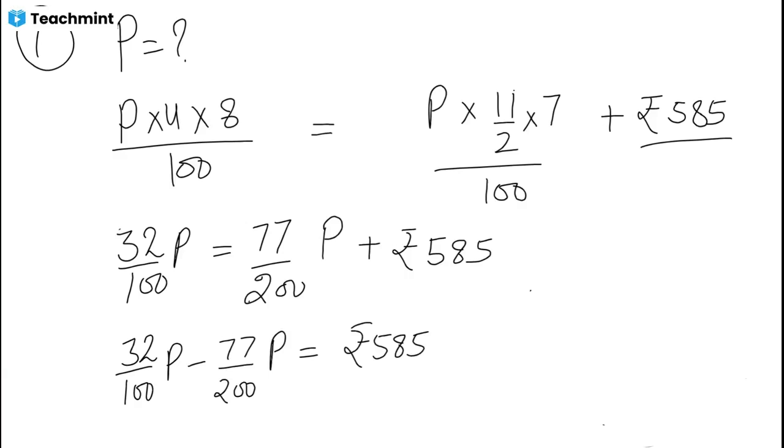They are allowing you a calculator, so you can simplify by using the calculator. We can make the denominators the same by multiplying and dividing by 2. So now we have... one second, I'm rechecking. 7.4 years at 7%.